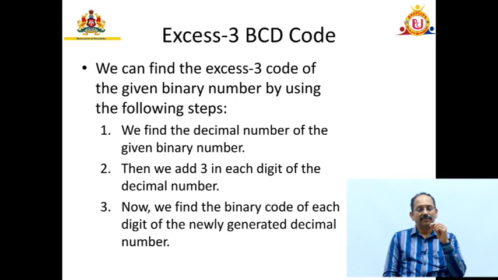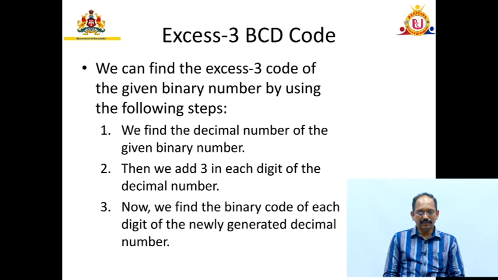Like that, the value 3 is added to that decimal number. So we get some decimal numbers, and each decimal number is again converted into a binary number, and that converted binary number is called XS3 binary code.